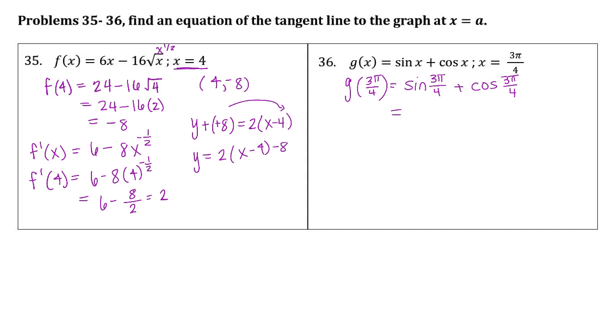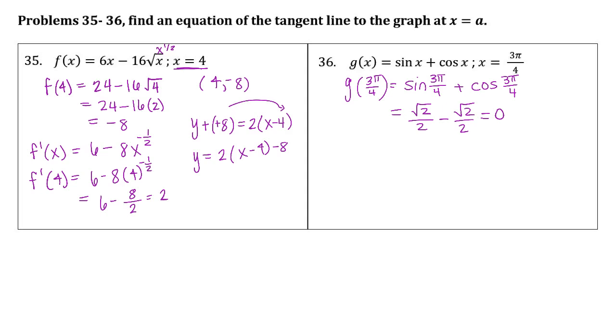And so 3 pi over 4 is going to be in the second quadrant. So I'm going to have root 2 over 2 minus root 2 over 2. Oh no. So that means we have a 0 there. So that's going to work out to be nice and neat.